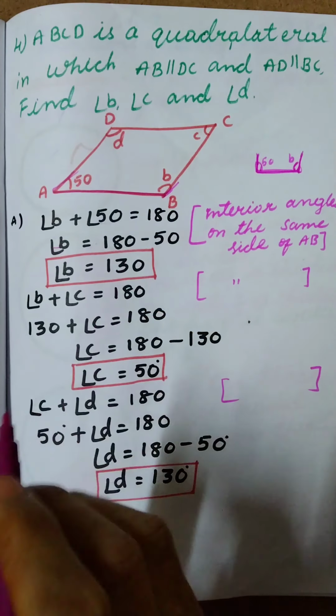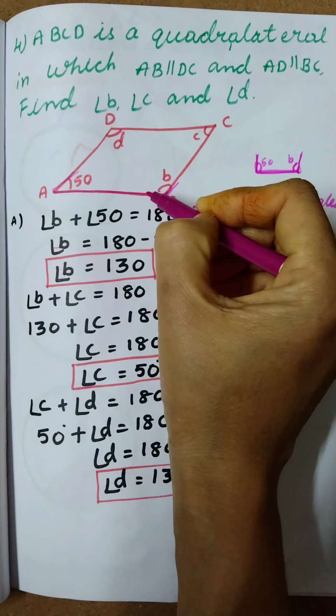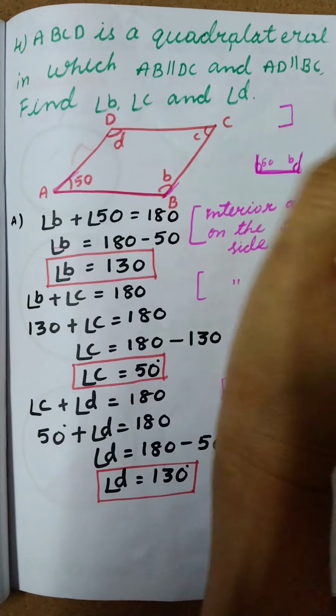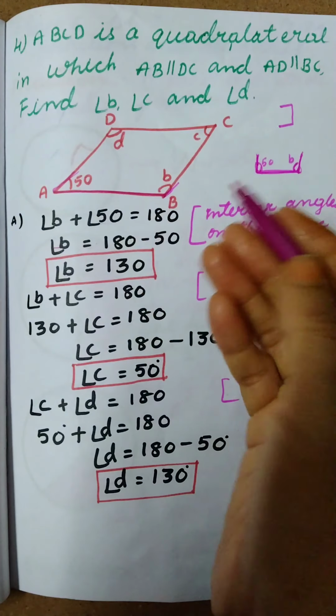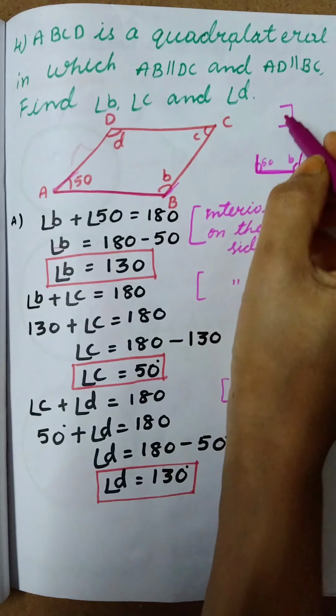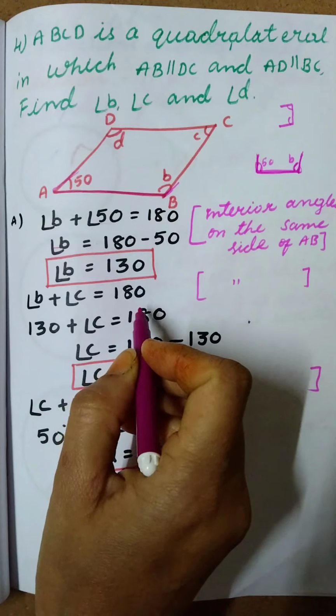Okay children, next one, same as before, angle B plus angle C. Are you observing one more side here? If you see this, we simply say it is interior angles on the same side of the transversal. Angle B plus angle C equal to 180.